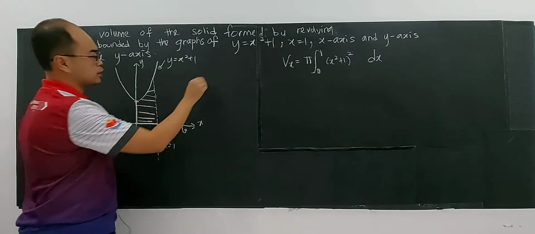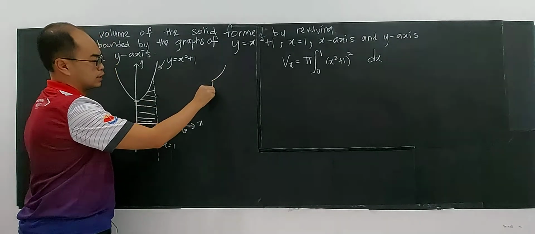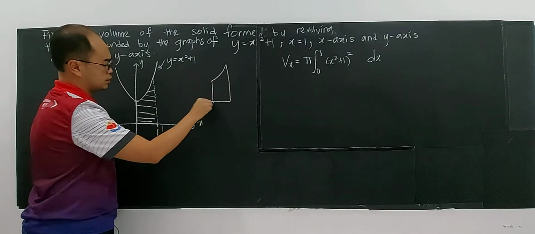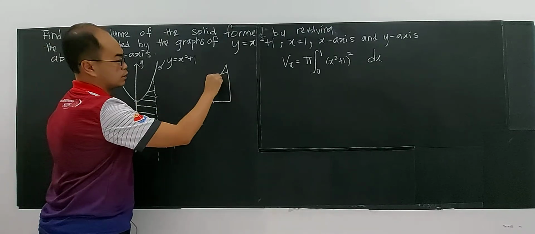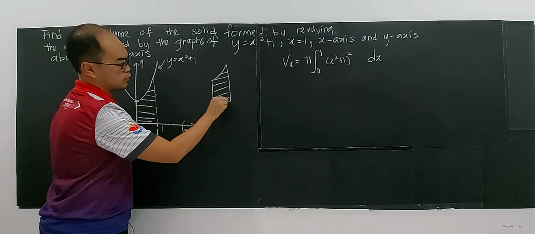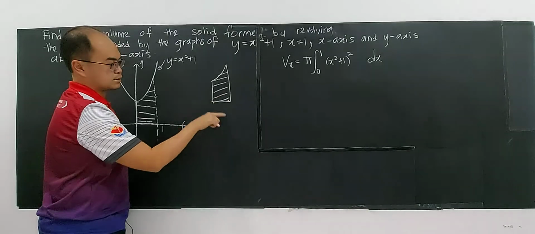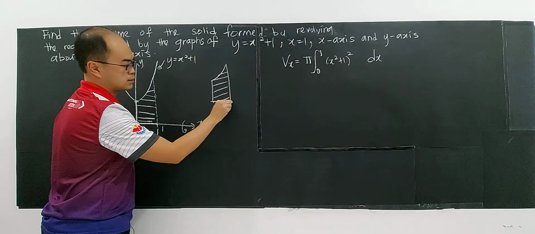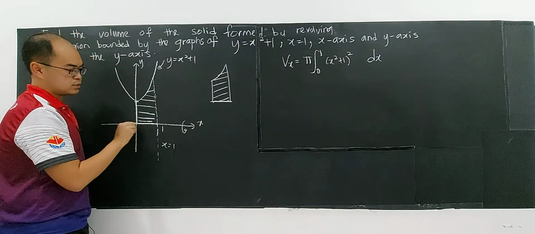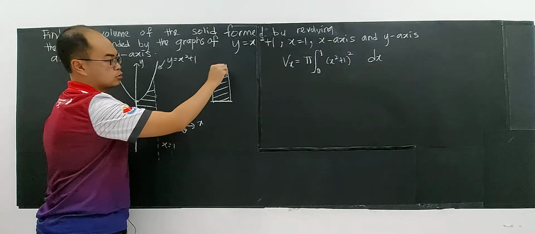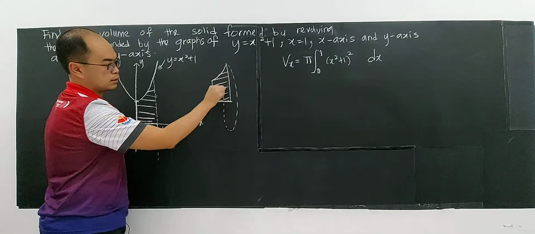The volume formed here will be very different. As you look at this region, if you rotate through the x-axis, this will become your axis of rotation, the x-axis. So they will form a solid in this way.